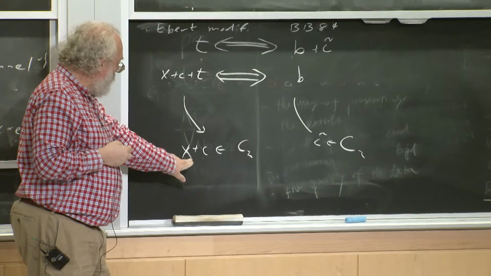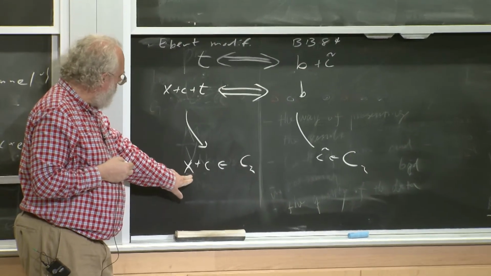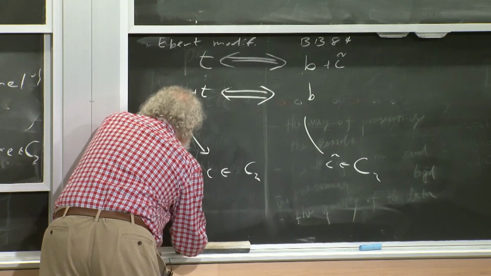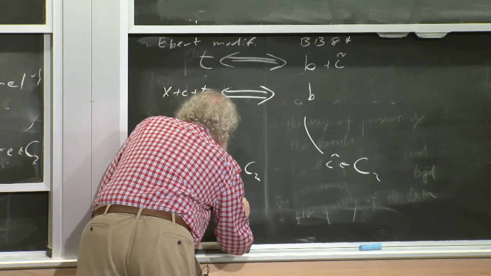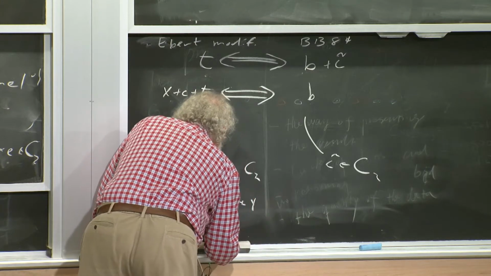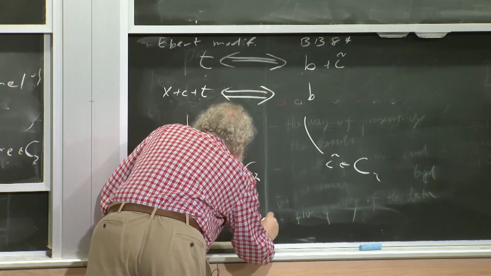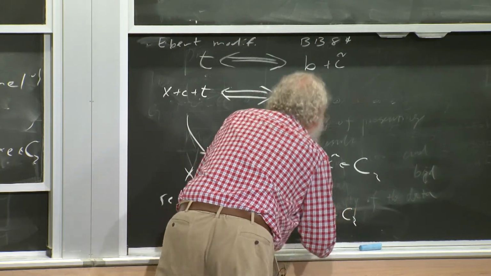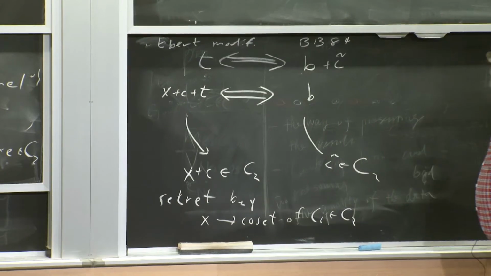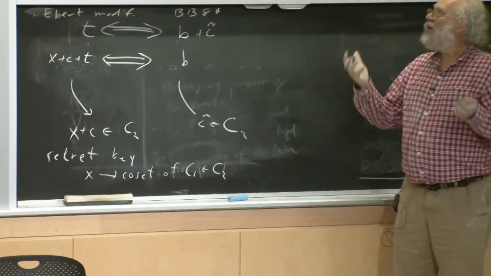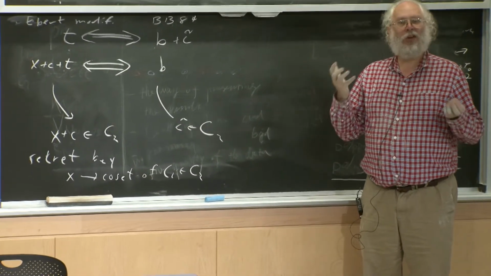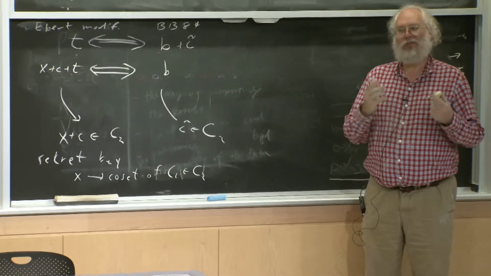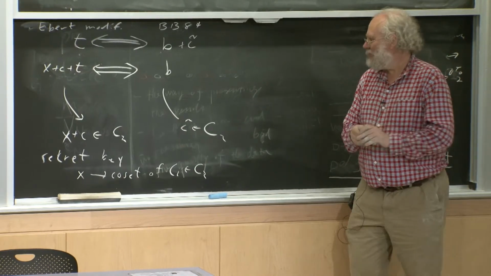But the codeword, the secret key, is actually just X, which is the coset of C1 in C2. So what does that correspond to over here? Remember I said that Brassard and Bennett said you had to hash this thing to get rid of any information that Eve might have gotten out of it.